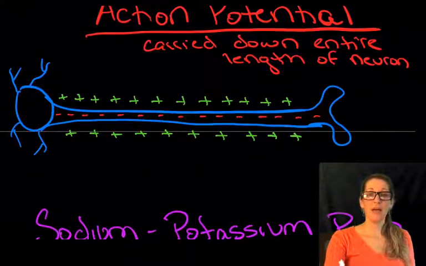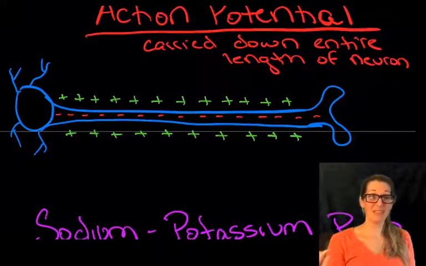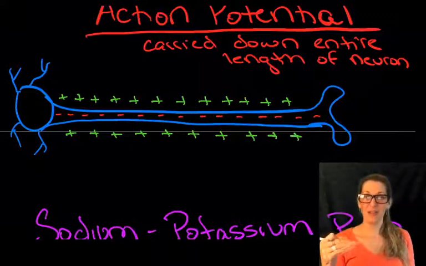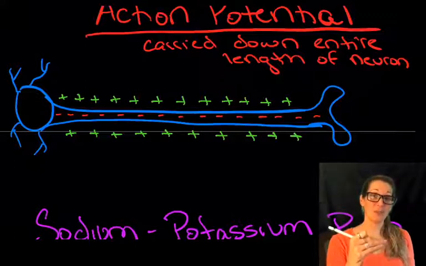Well, we have to have the movement of charged particles to get electricity, right? So how that happens is we have charged particles and a difference in charged particles inside the neuron versus outside of the neuron. So this is my neuron drawing. And along the middle, we have these red dashes.